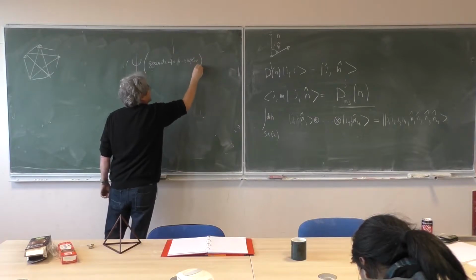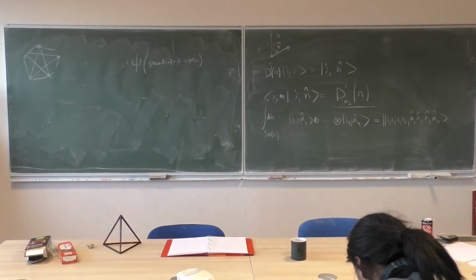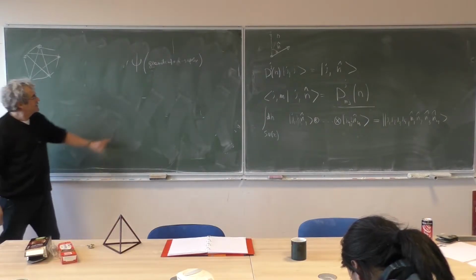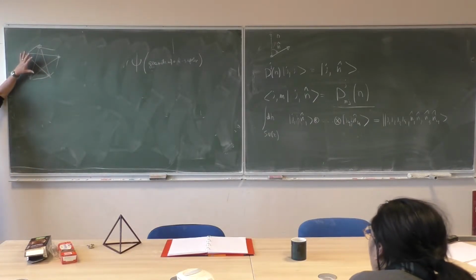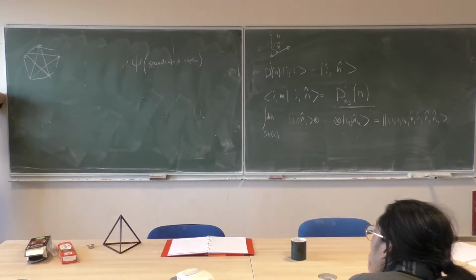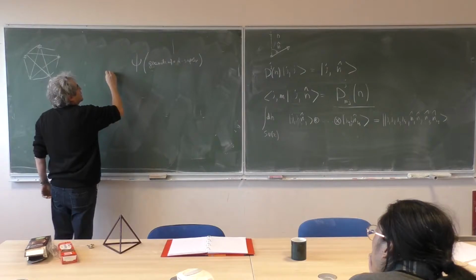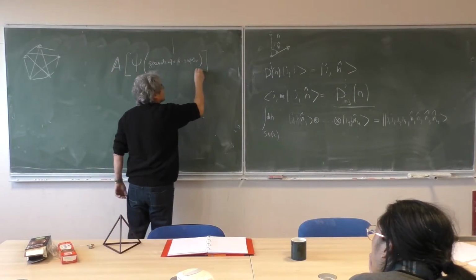I'm not doing it explicitly, but this can be done on the basis of all the equations that were in the black box at some point. Now this is a state on this spin network here, so I have the amplitude associated with that. The spinfoam amplitude of this object here. And this is a number.